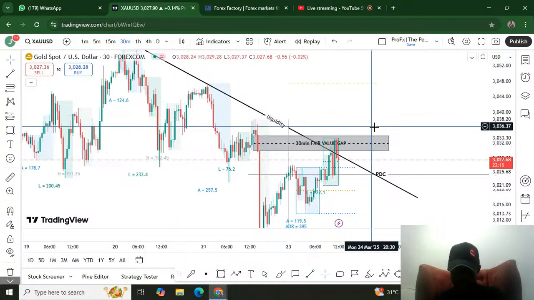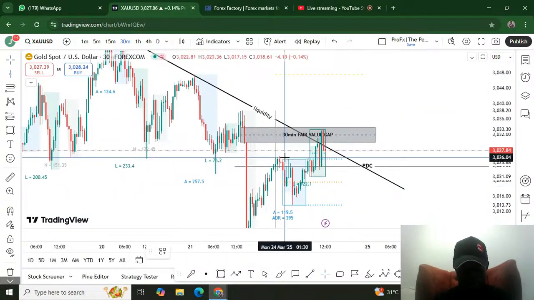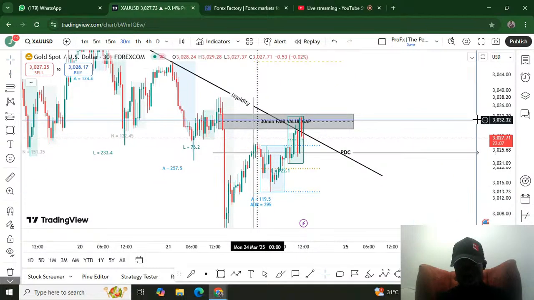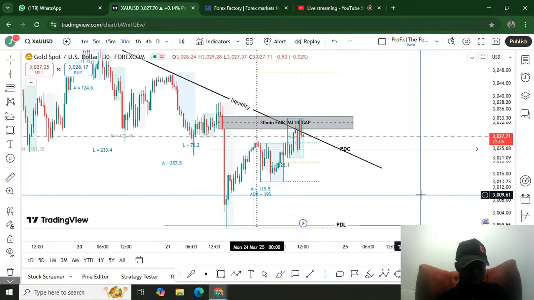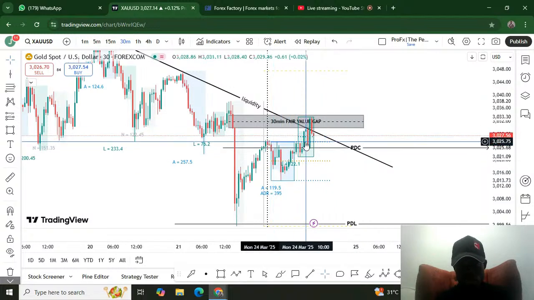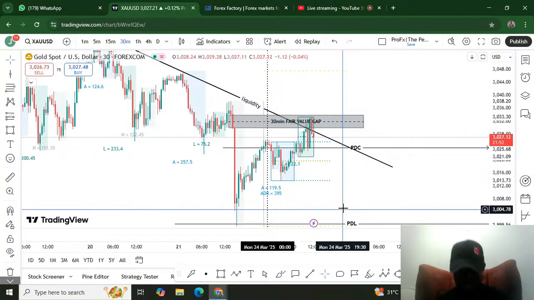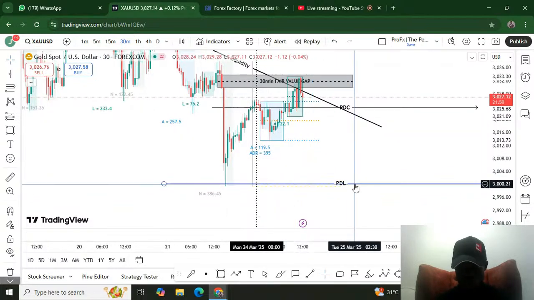We are currently trading above the previous day close, but that might be a manipulation because the structure is still bearish. You understand that? Price trading above the previous day close might just be a manipulation to trade back down into the previous day low.